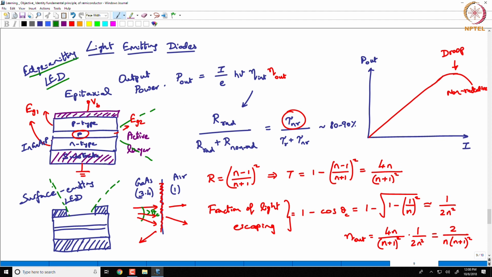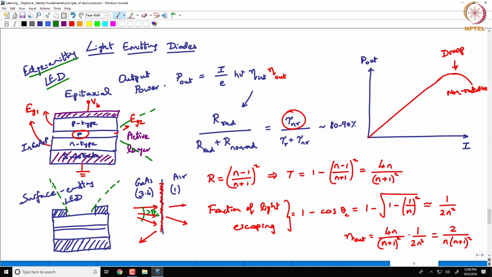So, the emission happens only from that active region, and the thickness of that is typically in the order of a micron, right. So, the emission essentially happens only from within that region, whereas in a surface emitting LED, any area within that electrode is going to have light emission, and the light emission tends to be distributed broader compared to what you have in the case of an edge emitting LED.